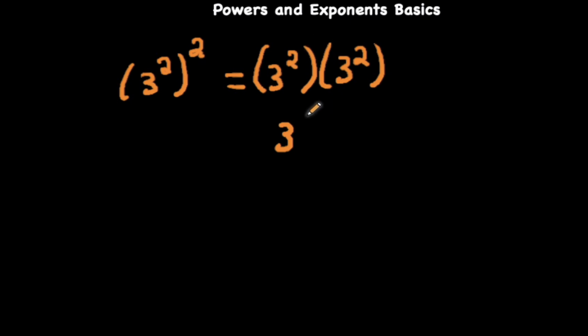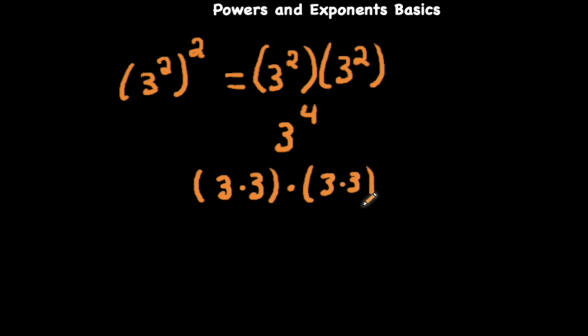We're going to add the exponents, and we have 3 to the 4th power. Now, another way you can look at this is written out in expanded form. So 3 times 3 times 3 times 3. All right, we have a total of 4 threes. So what you're doing is actually multiplying power by power, or exponent to exponent. So your answer is actually 3 raised to the 4th power.